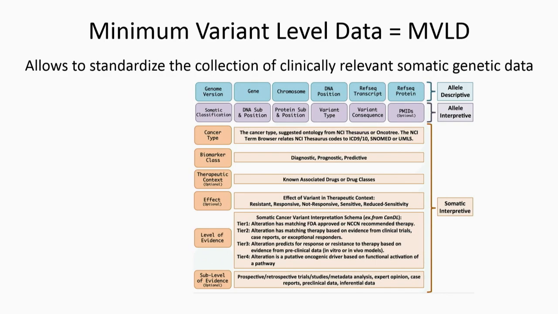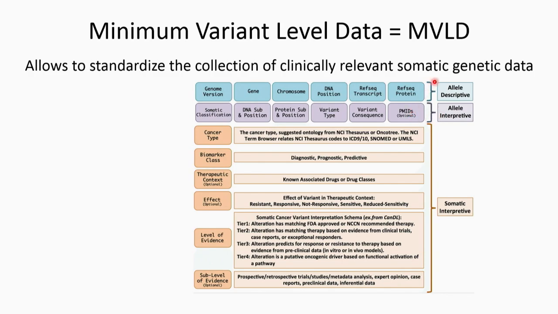So what MVLD is, it's a proposed standard for the minimum variant data that we should be presenting for somatic variants, and standard ways of presenting each of these data variants. For example, in the MVLD standard, the data is grouped into allele descriptive information, allele interpretive, and somatic interpretive.